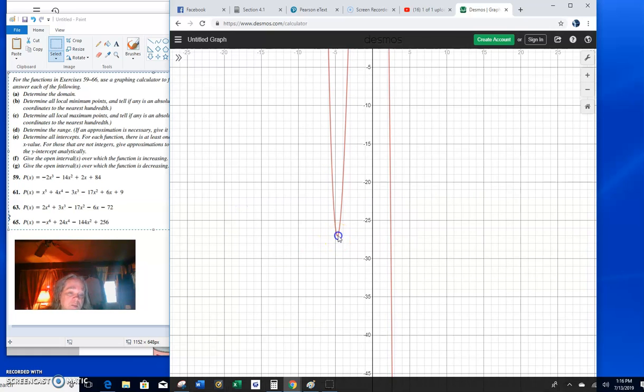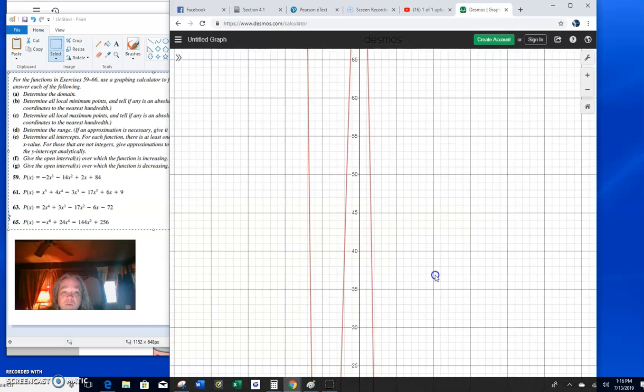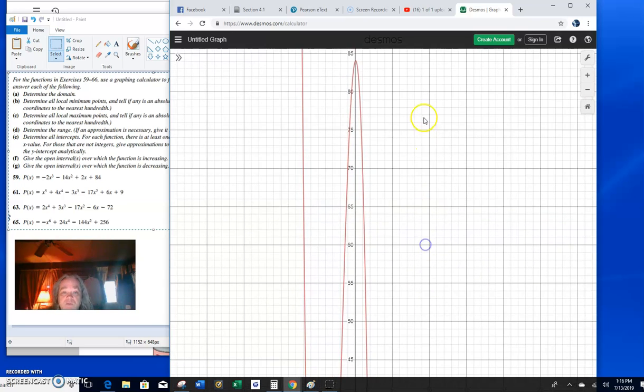There is a relative minimum point right here, I believe. So the minimum point occurs at the ordered pair negative 4.737 roughly, negative 27.034. And let's see if a maximum point exists.